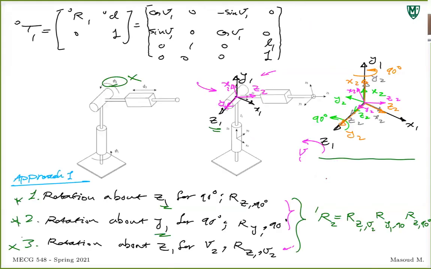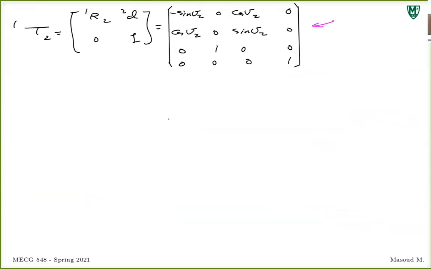I should have said V2 there, sorry about that. So when this arm moves, at any given moment, you want to know your transformation matrix for any angle that a specific revolute joint is rotating.